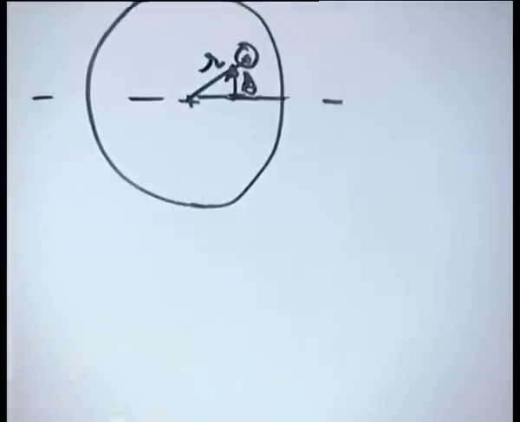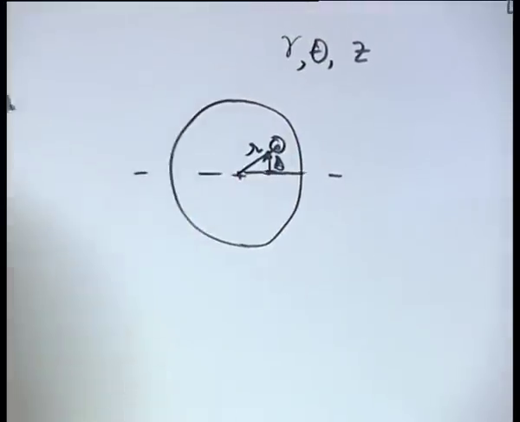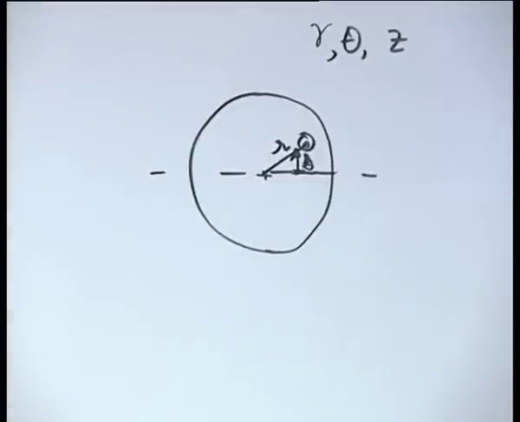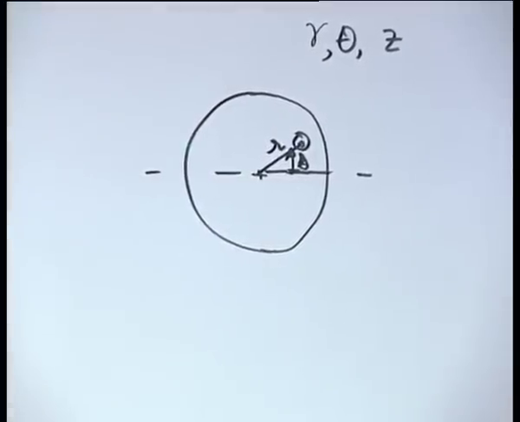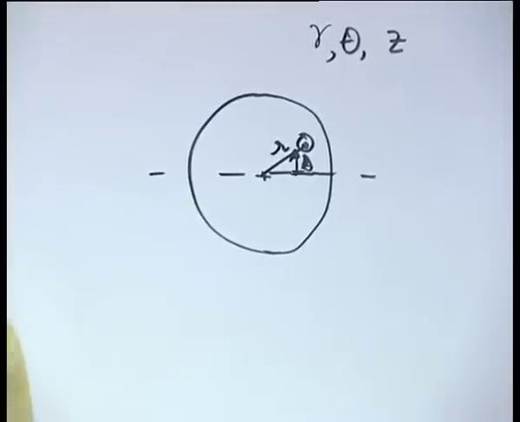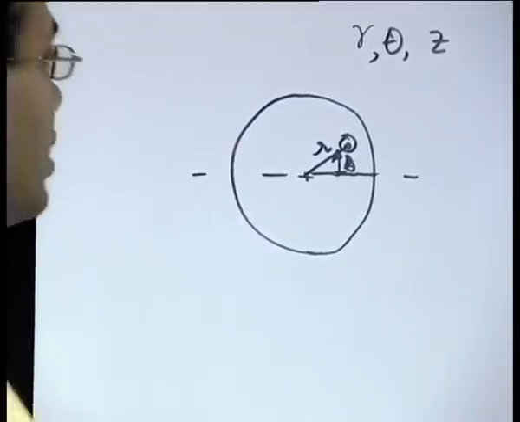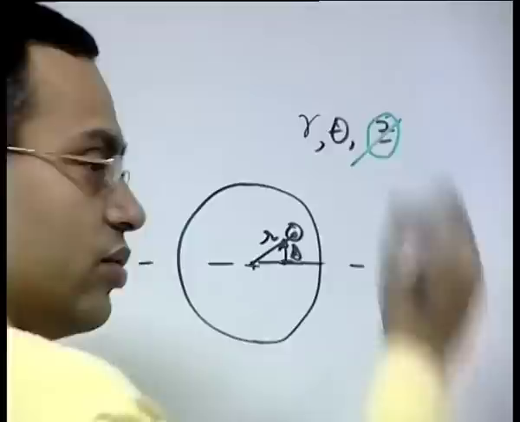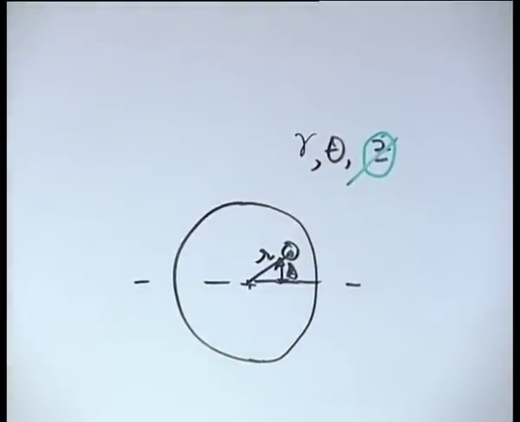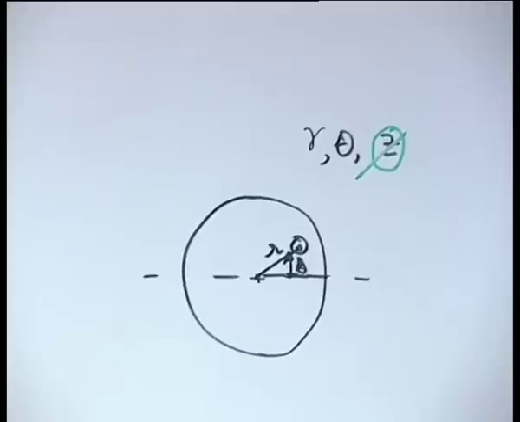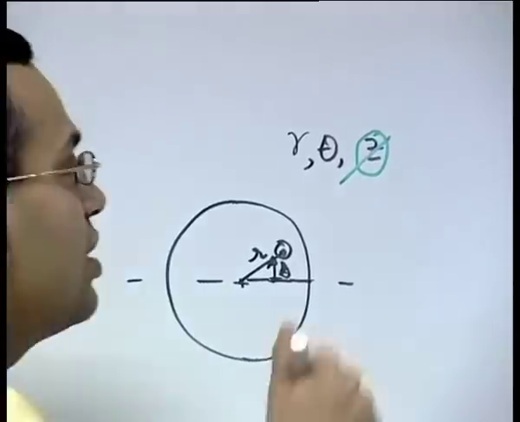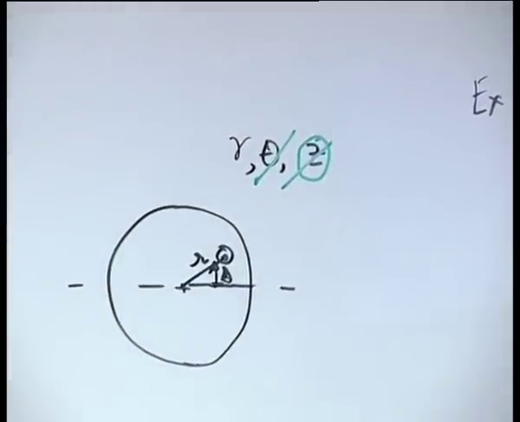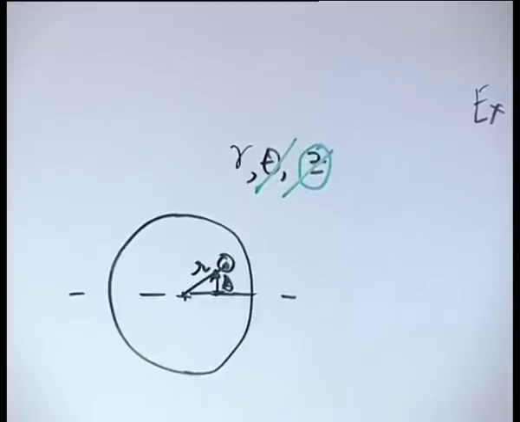And on top of that, if you have an axial coordinate, then it becomes r theta z, or the cylindrical polar coordinate system. Now here we are considering a case when it is a one dimensional variation. First of all, we consider the z direction to be large, so that there is no variation along z, and it is axially symmetric, so that there is no variation with respect to theta. So only there is variation with respect to r.